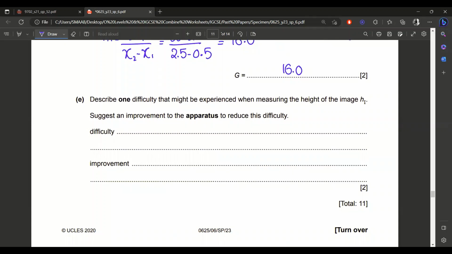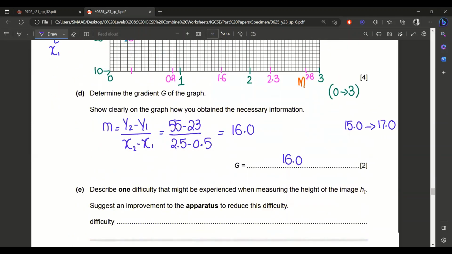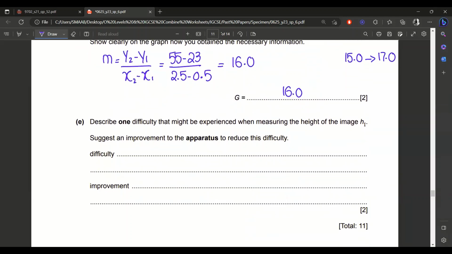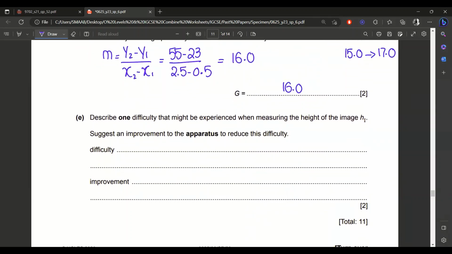And now again the same concept. In this question we have a graph of 4 marks, so this question is short. Describe one difficulty that might be experienced when measuring the height of the image. Suggest an improvement. The same question was asked in the previous question, but only the setup is different.